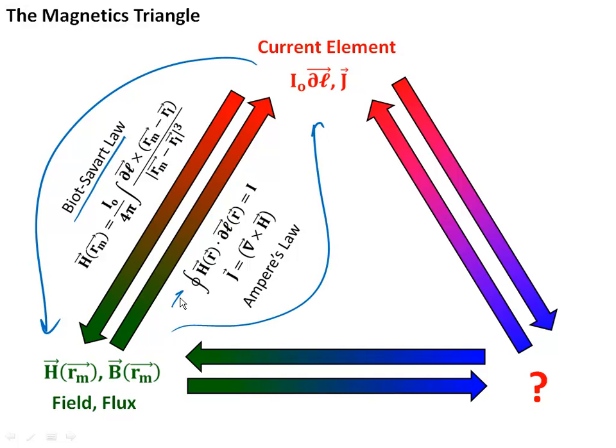We can either do Ampere's circuital law and sum up around the circumference the magnetic field, which tells us the total current enclosed, or if we have a more distributed type of field or current, we know that the current density is just the curl of the magnetic field. And so now we're starting to flesh things out and understand these relationships. But what we haven't yet determined is whether there's some kind of magnetic potential, like we had an electric potential we called voltage. And that's the subject of the next video lecture.